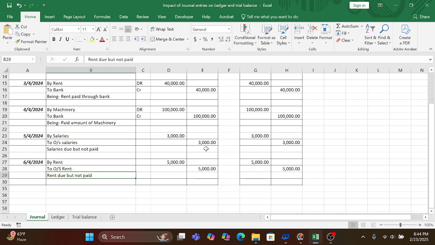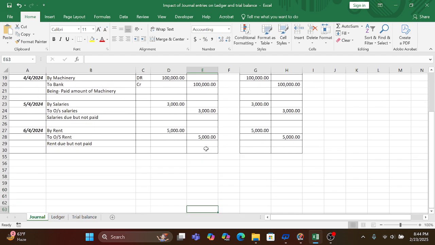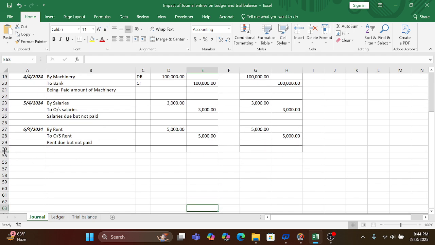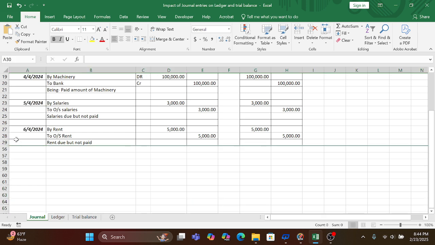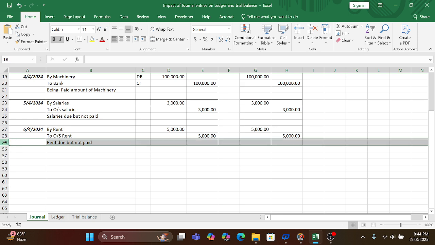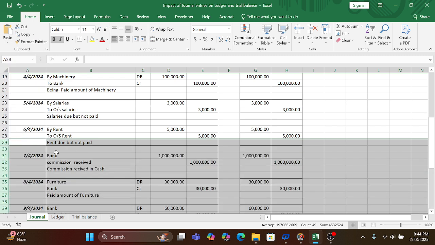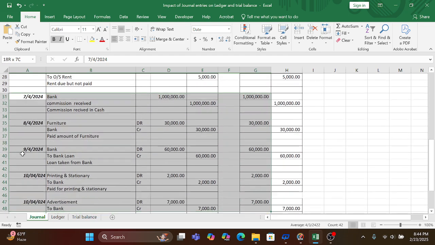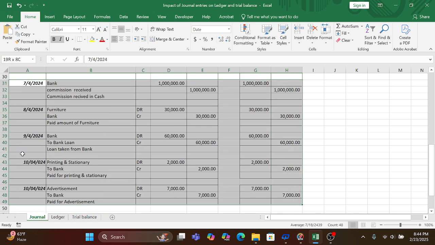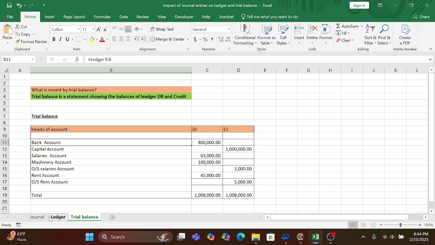I hope it will help you to understand how these entries are reflected in the books of account. Guys, I have prepared some entries for you. These entries, you have to work on and prepare the ledger and also the trial balance for it.